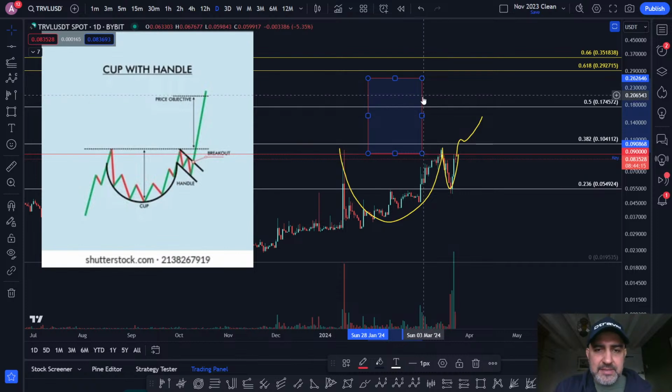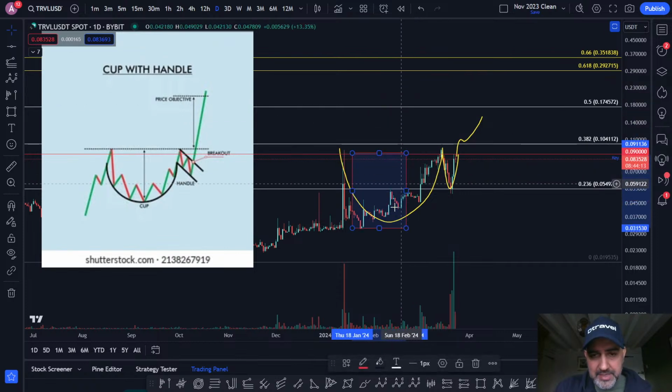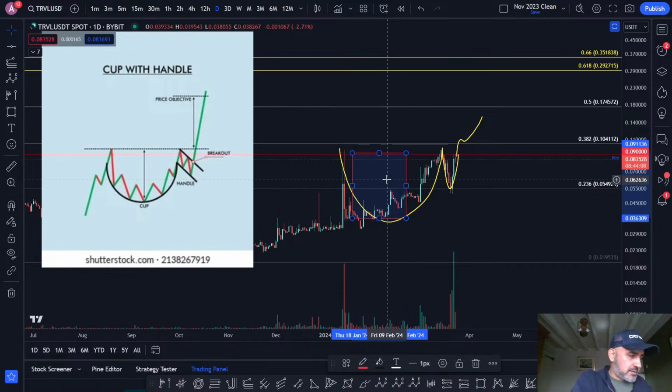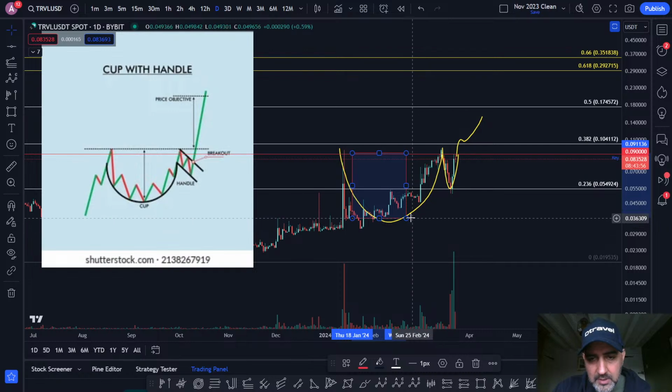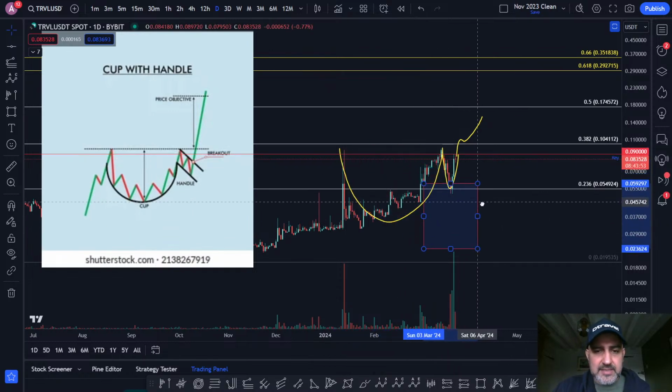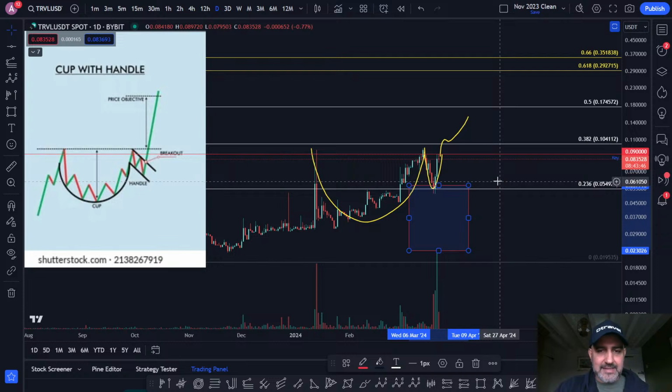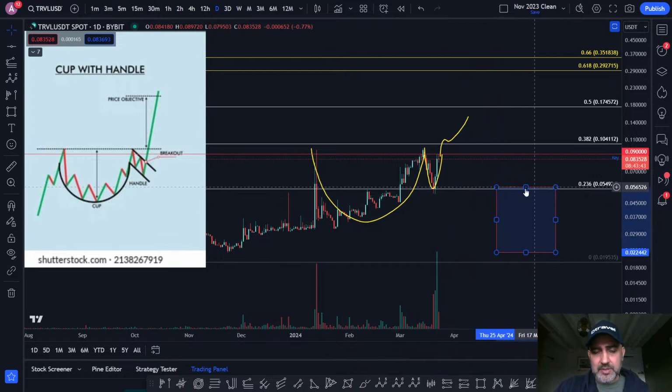I'm not trying to make this do what I want. I'm just trying to contemplate ideas. Yeah, so I'm not saying this is correct. It's just an idea, and it's not like a perfect teacup and handle, so it's a bit lopsided. For me, it looks like a teacup and handle, but maybe it's not.